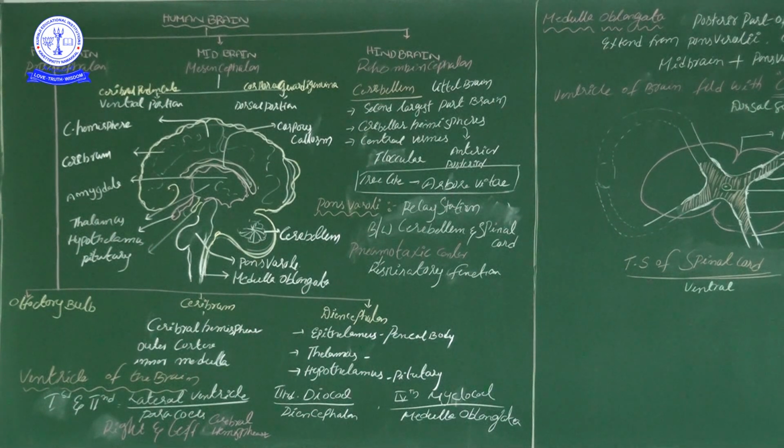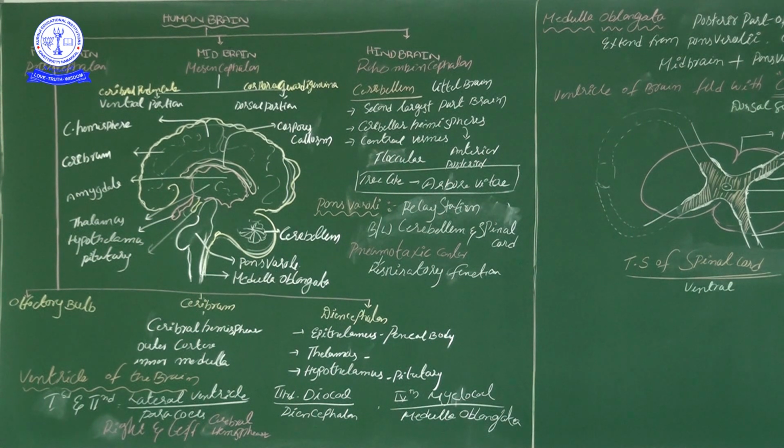Like that, the nerve impulses coming out from our brain are totally relayed or released by the pons varolii.